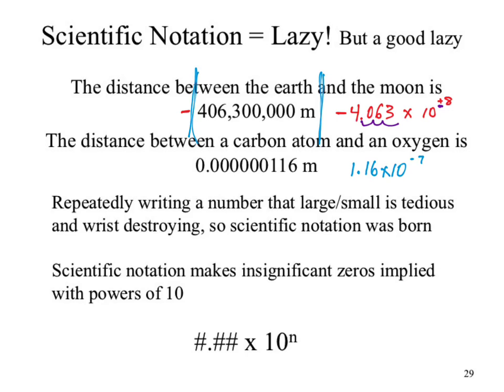So when we're talking about large and small, we're looking at the absolute value of the number and asking what its relationship to 1 is. If that value is larger than 1, my power of 10 is positive. If that value is smaller than 1, so between 0 and 1, it's negative. Does that help you?